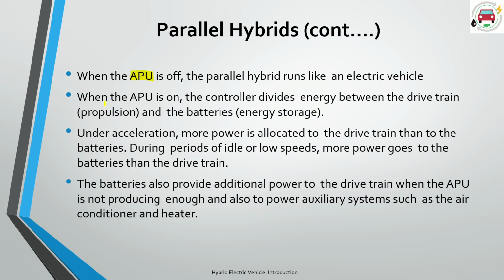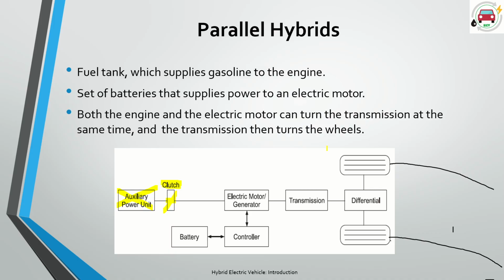Okay, so when we have this APU, the controller divides the energy between the drivetrain, that is propulsion. So what is the controller doing, where is the controller we are having? In the last picture we have seen where the controller is.